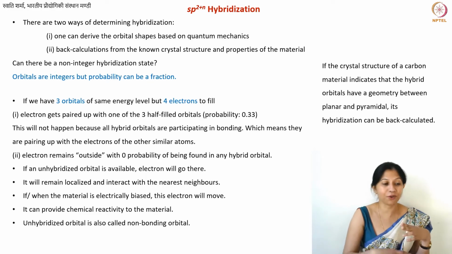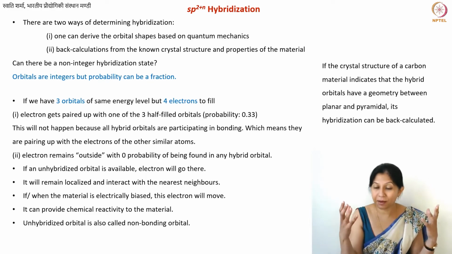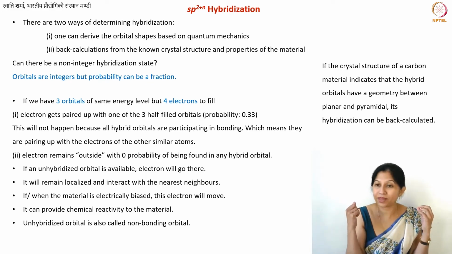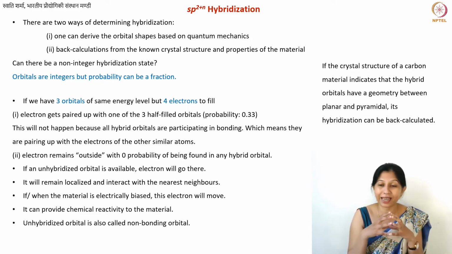If you had the geometry like diamond, you would have 4 hybrid orbitals. But when you have 3 hybrid orbitals, as in graphite, you have one completely unhybridized orbital.